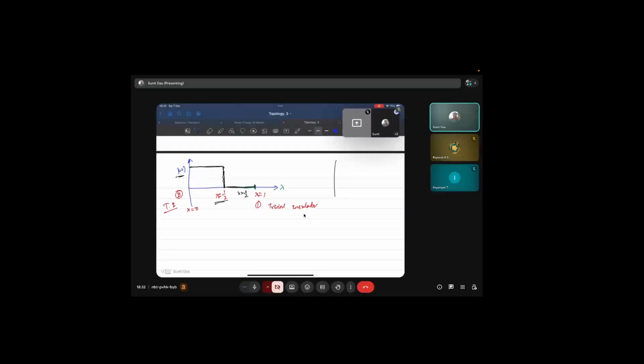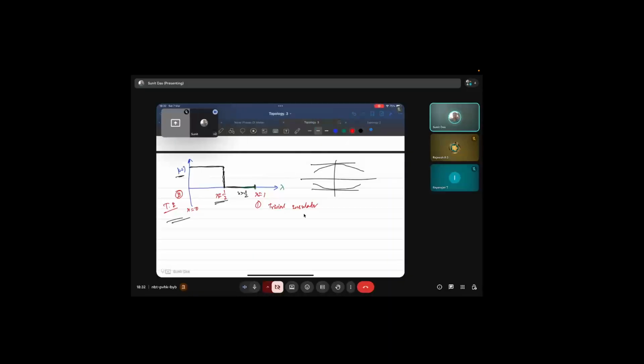So you can already sense what is happening. You started from this case, let's say lambda equal to zero. Lambda equal to zero means you have this kind of band, a perfect insulator. And then as you increase lambda from zero, the dispersion comes into the picture.